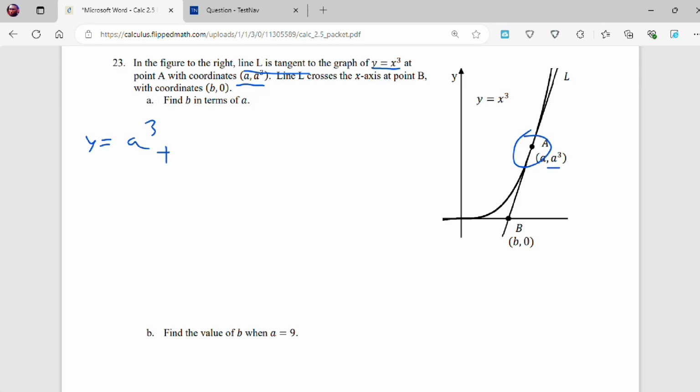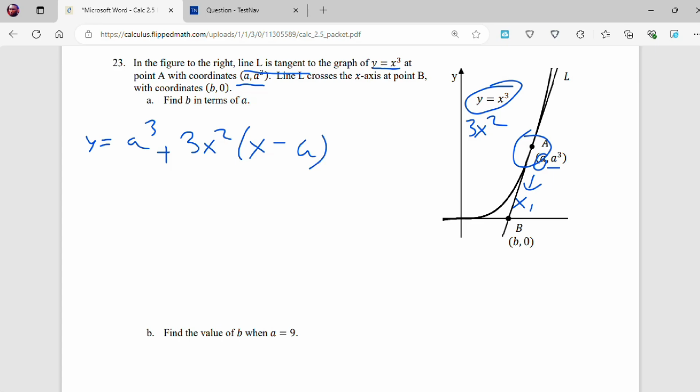Plus slope. What is the slope? Well, we have a curve, but we're given this function, and with the power rule we can find the derivative. We get 3x squared. And then we have x minus our x1, which is a.